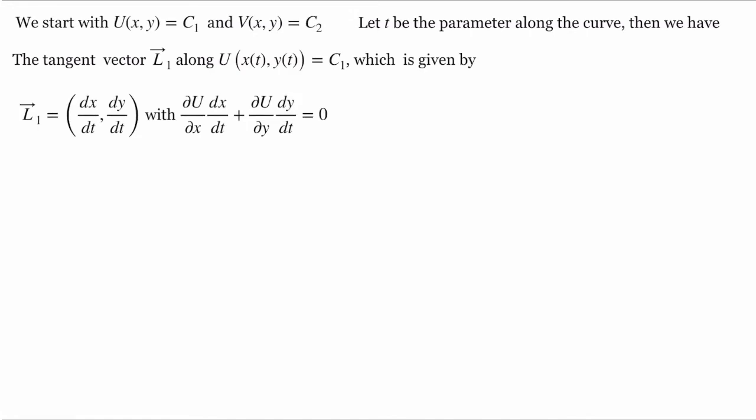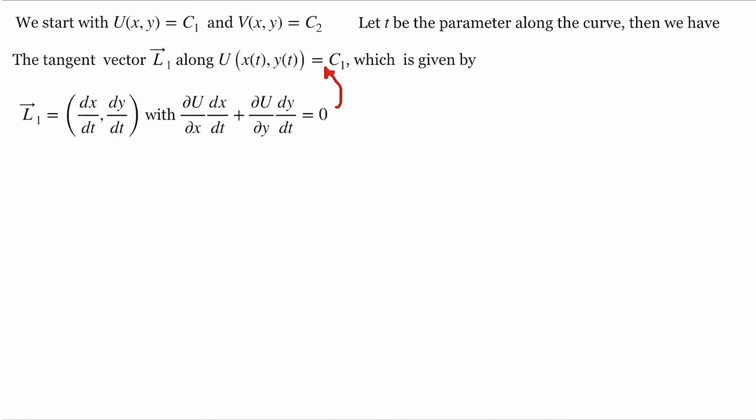In addition to that, it satisfies the condition that du/dx times dx/dt plus du/dy times dy/dt is equal to 0. This is essentially saying that du is equal to 0, or u(x,y) is equal to constant c1, which is the curve represented by this equation.